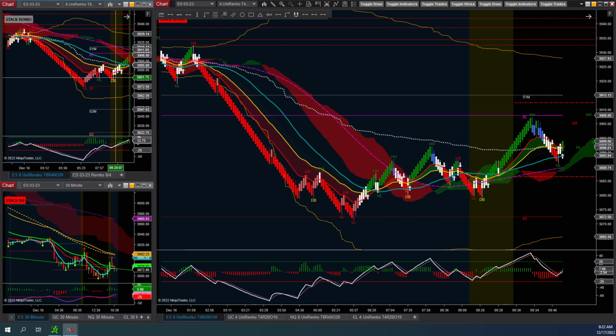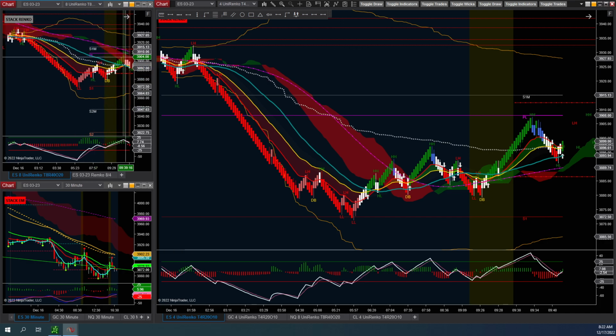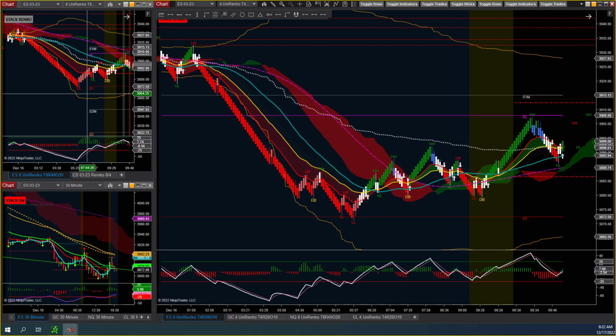There's some confluence right here at the beginning of the market, but then you see that it found the same resistance in this area here, right?